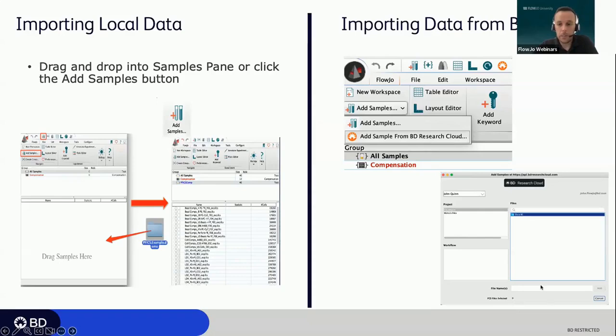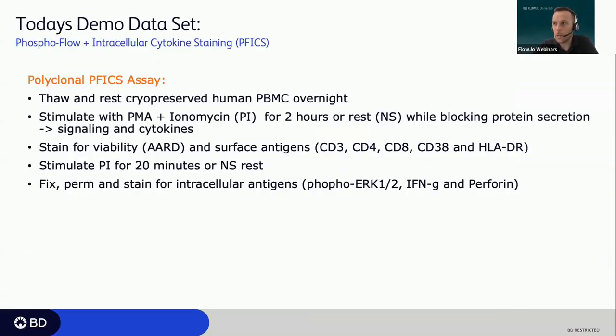So before we jump into the live demo, let's talk a little bit about the data I'm going to use today. Today's data are PFIX data, so phosphorylation plus intracellular staining. They are human PBMCs. They were stimulated or not with PMA ionomycin for 2 hours. Then we blocked the protein secretion with Golgi Stop.